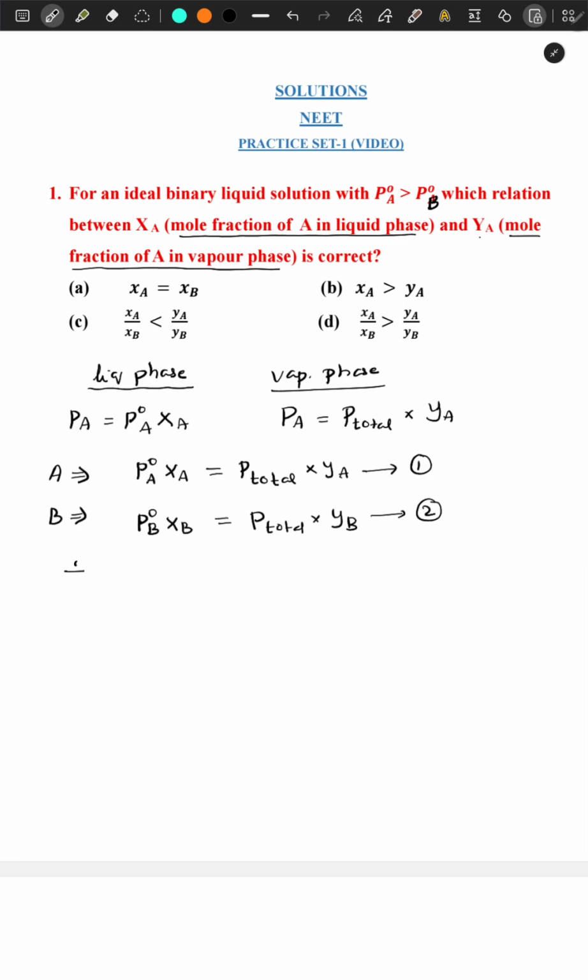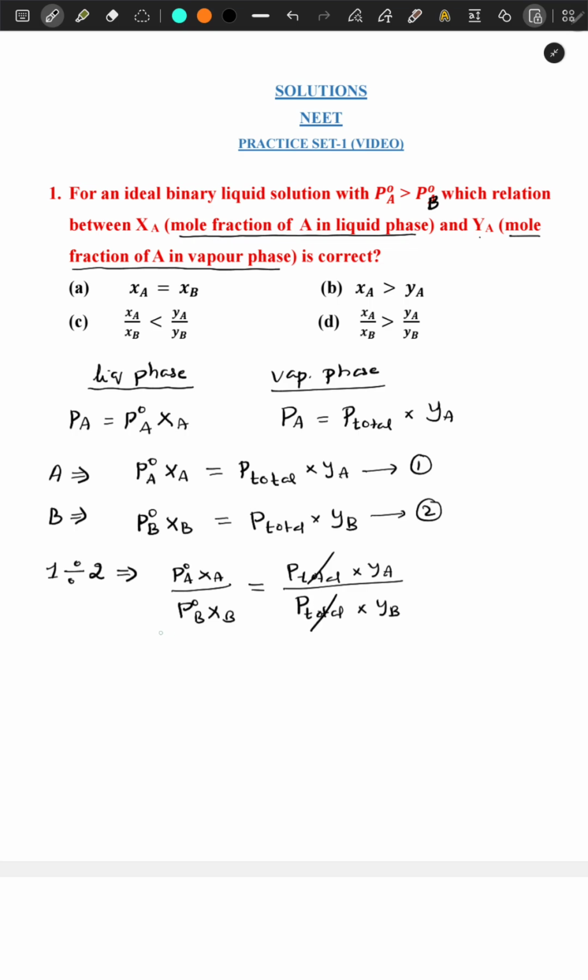Now you divide equation 1 by 2. You will get P0A chi A divided by P0B chi B equal to P total into Ya divided by P total into YB. So P total cancels out.